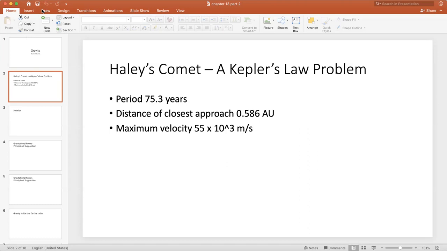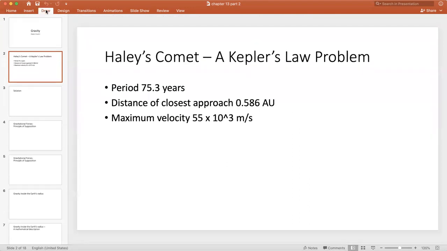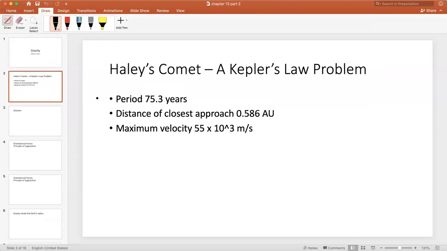I should also say that our first step here is this is T. This is actually our perihelion distance, and this is our velocity at perihelion. We know that it has a maximum velocity at perihelion because if it's in an elliptical orbit, remember, it's doing something like this. And at perihelion, it's going to be going faster.